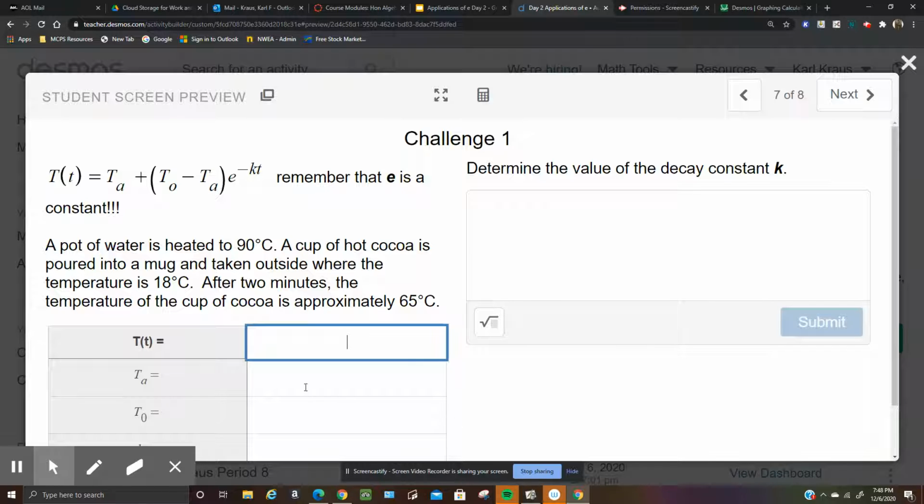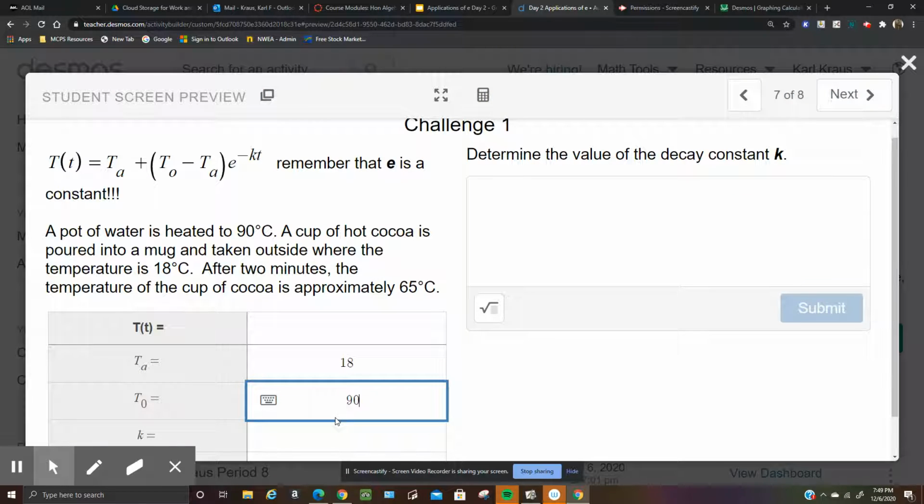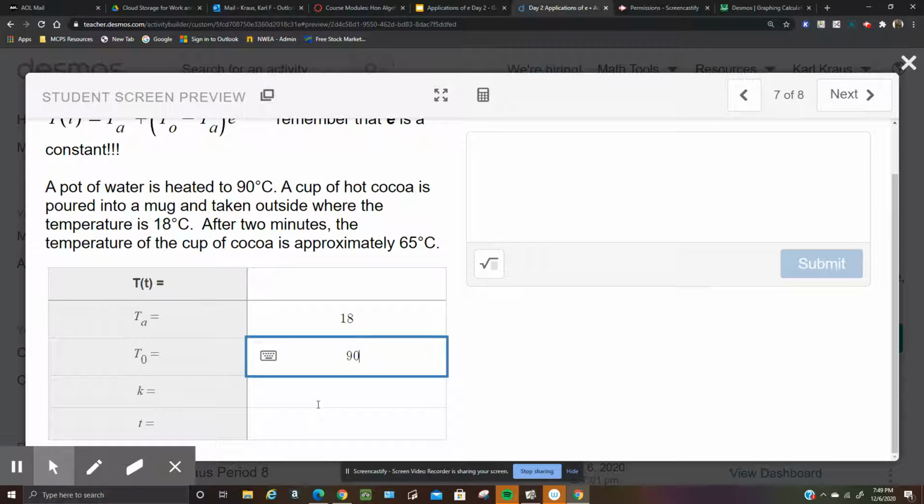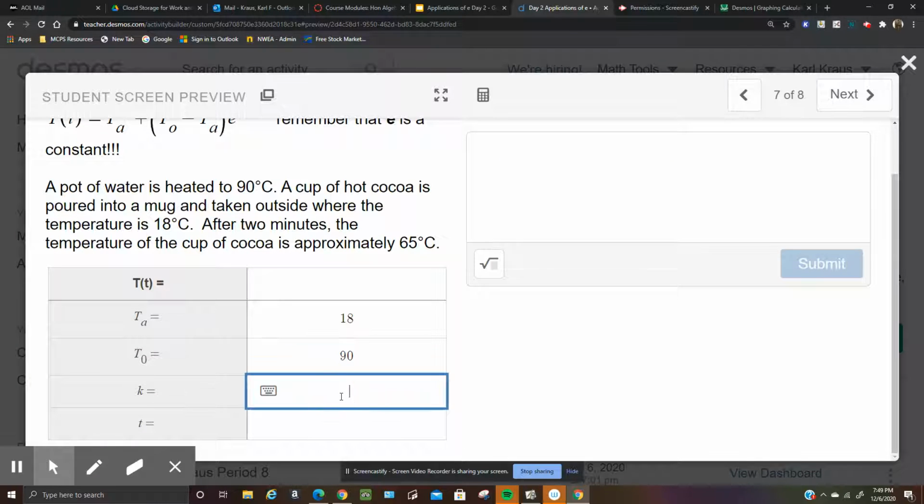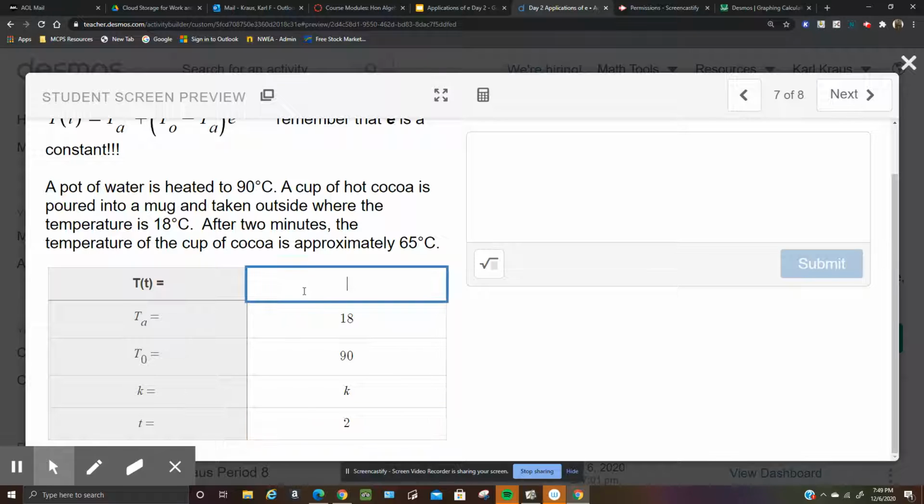So T of A is 18, T0 is 90, K you don't know. Time is 2 minutes. And T, the final temperature, is 65.